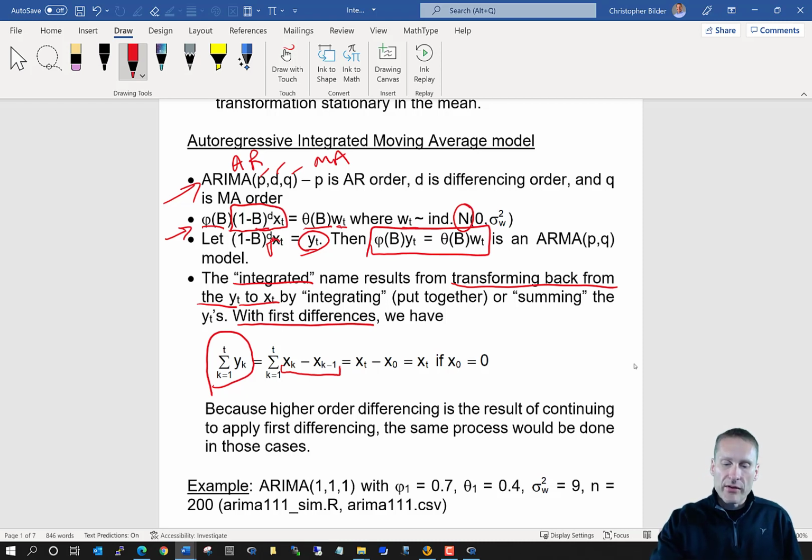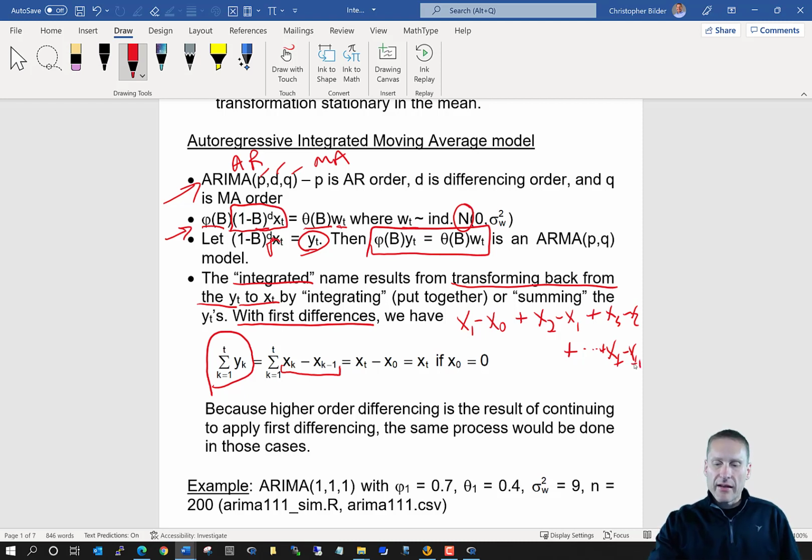And then what you'll notice, if you go through this entire sum, we have, let's say, x1 minus x0 plus x2 minus x1 plus x3 minus x2 all the way down to x t minus x t minus 1.